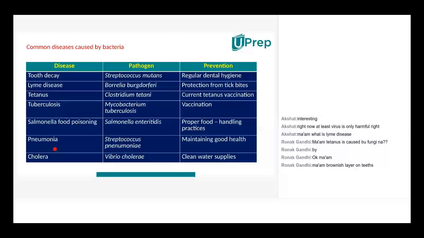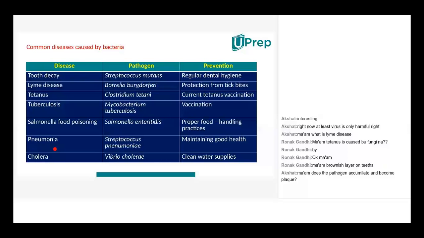That's why when you visit a dentist, they prefer to give some medicine or treat your teeth with whitening agents. That removes only the accumulated plaque. Yes, Akshat, accumulated plaque, but that's not because of Streptococcus mutans.